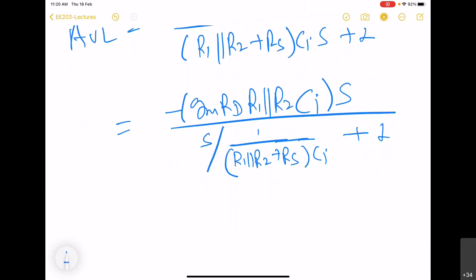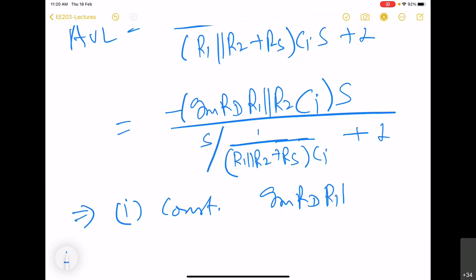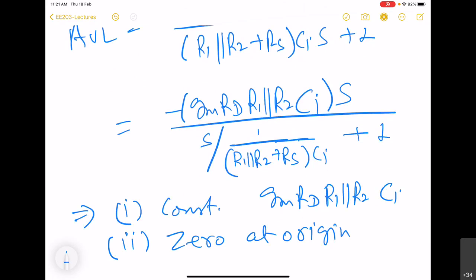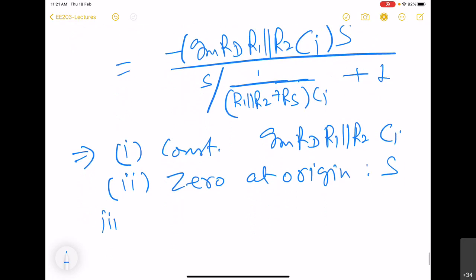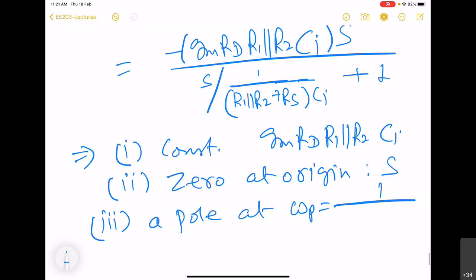Yes. So this implies that we have one constant term, GM RD R1 parallel R2 Ci, a zero at origin, designated by the presence of s in the numerator, and we have a pole at omega p equal to 1 by R1 parallel R2 plus RS into Ci.